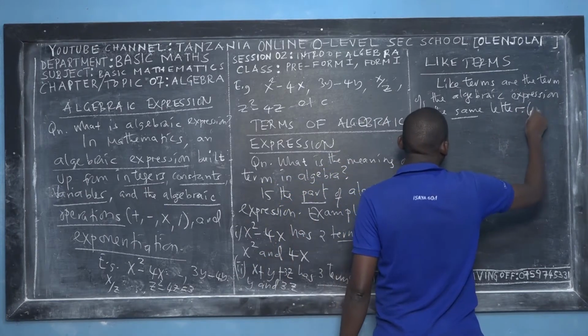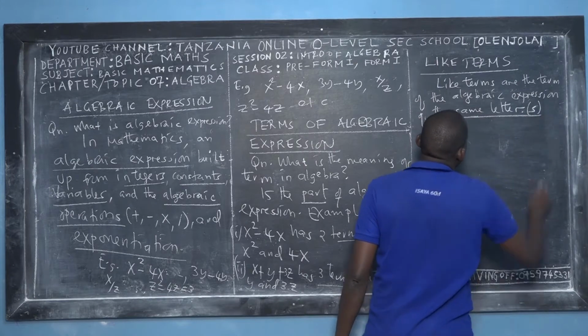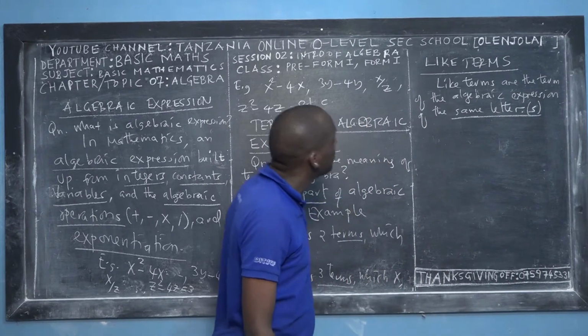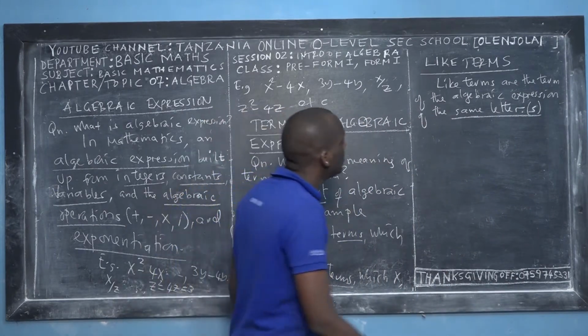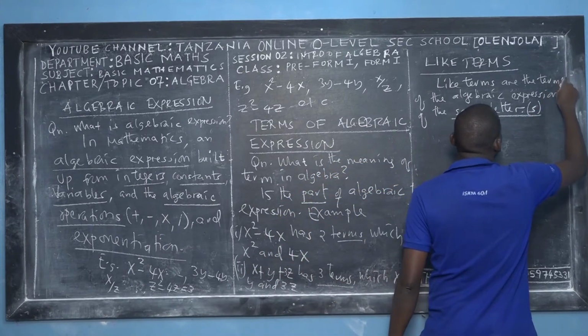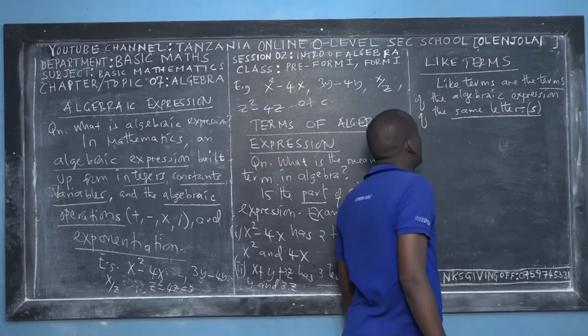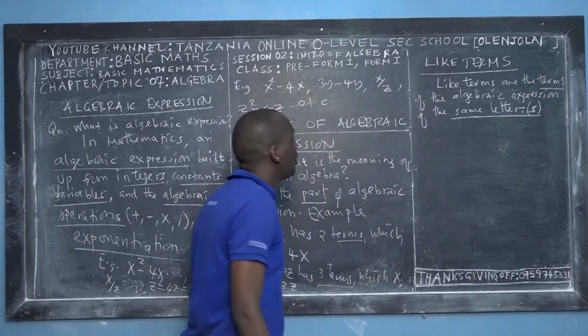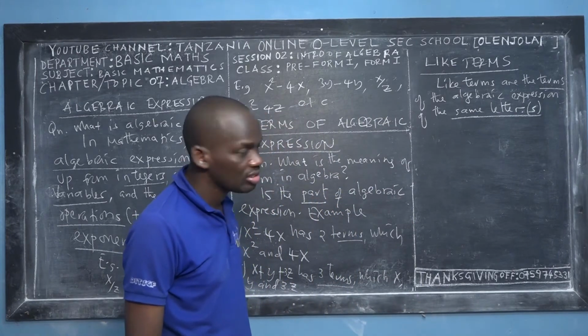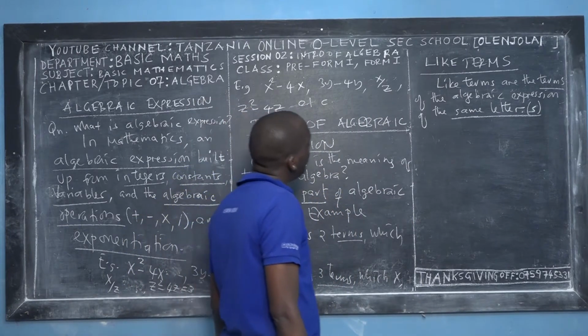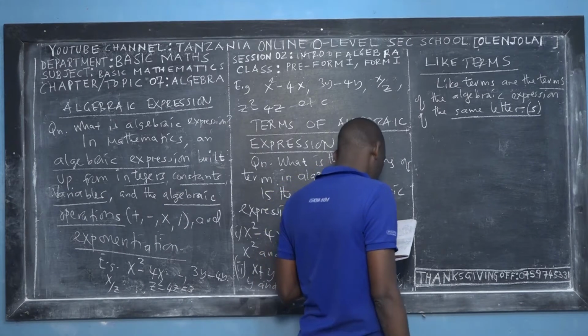So the same letter or letters. That is the meaning of like terms. The terms ambazo zipo are the terms, so this is plural. So these are the terms of the algebraic expression of the same letters. That's the meaning of like terms.